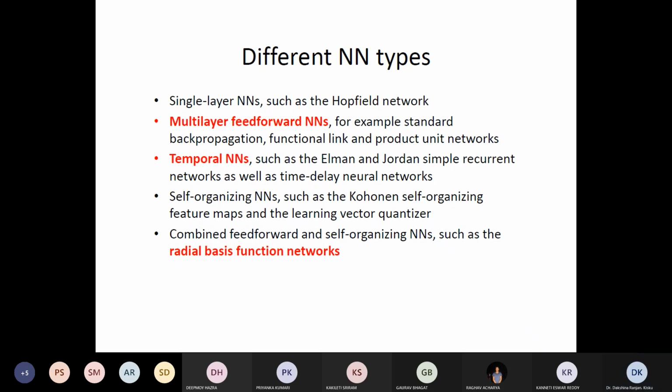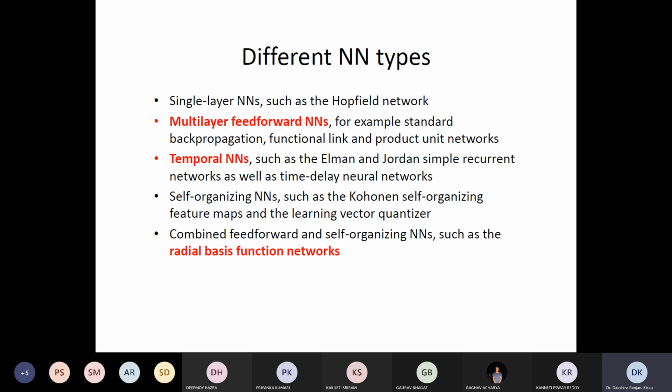Yes, single layer neural networks are supervised, multi-layer feed-forward neural networks are supervised learning techniques, and temporal neural network architectures are supervised learning techniques. But self-organizing neural networks are unsupervised learning techniques, and these are basically used to learn the patterns or learn the examples.